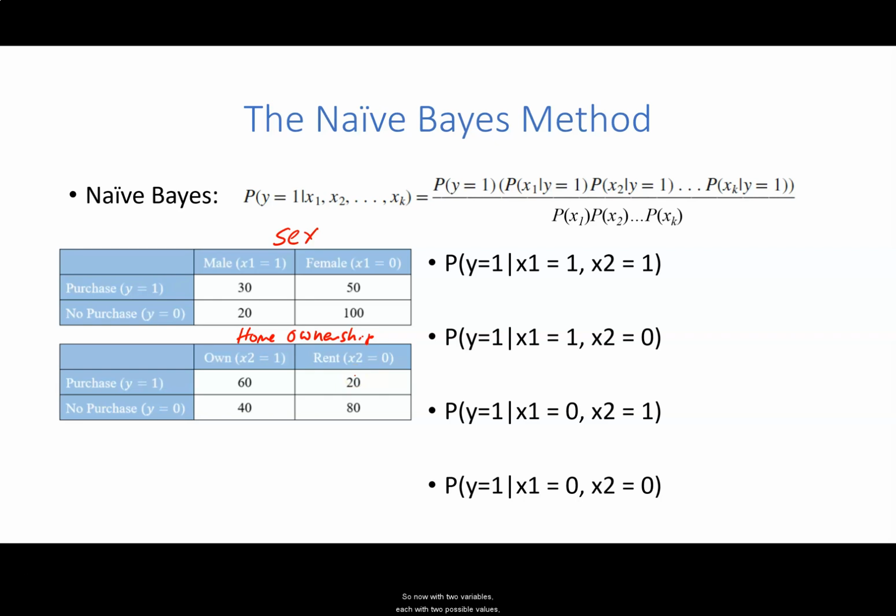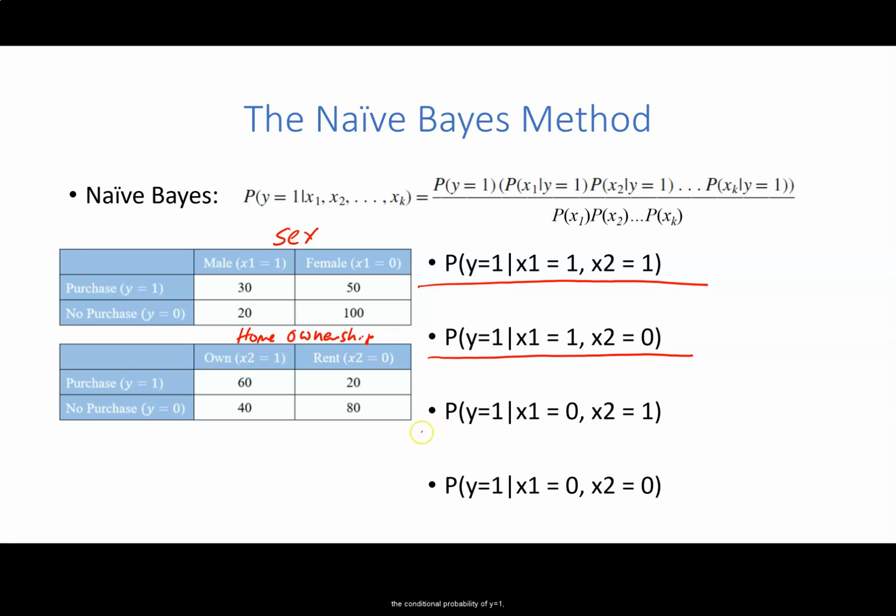So now with two variables, each with two possible values, we need to find the following four conditional probabilities. The conditional probability of y equal to 1 given x1 equal to 1 and x2 equal to 1. The conditional probability of y equal to 1 given x1 equal to 1 and x2 equal to 0.